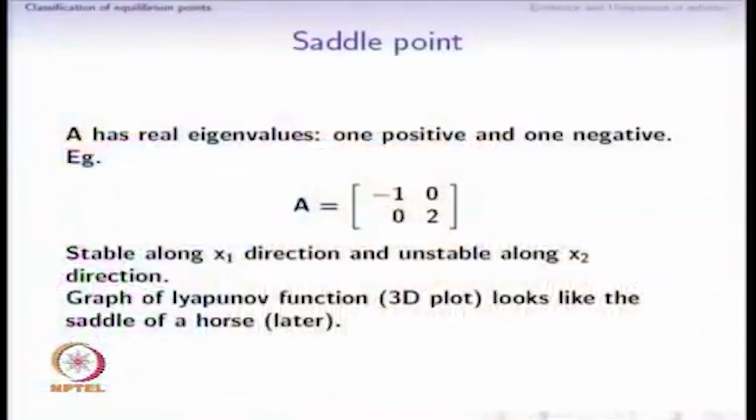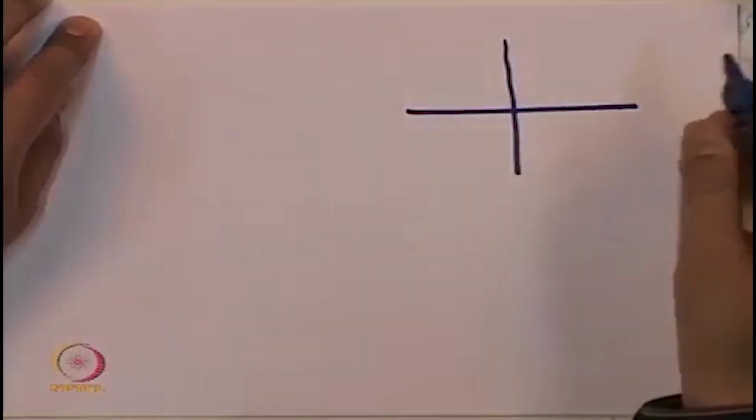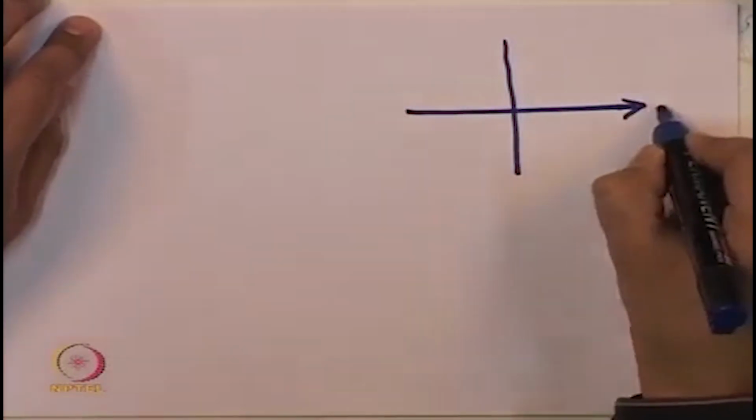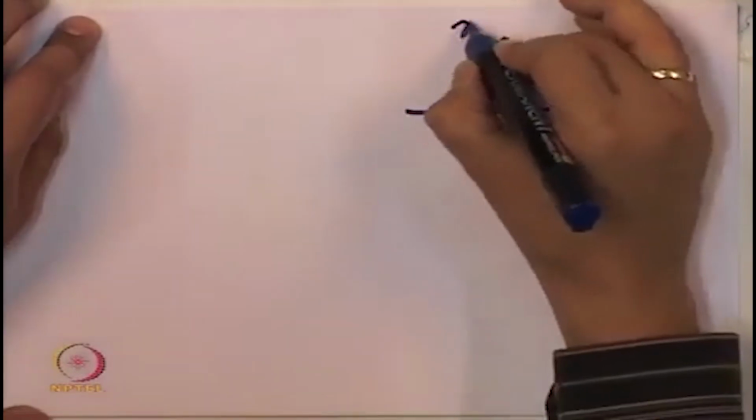Finally, we will see what a saddle point is. This is the situation when A has real eigenvalues, one positive, one negative. Again, for simplicity, we will start with the diagonal case. Because it is diagonal, again we have a decoupled nature of the phase portrait.